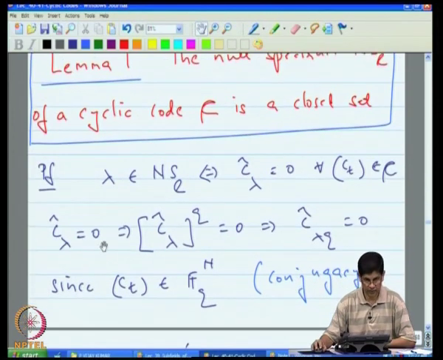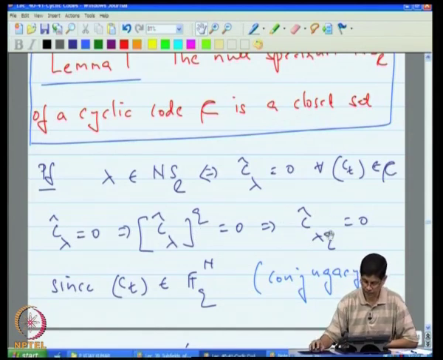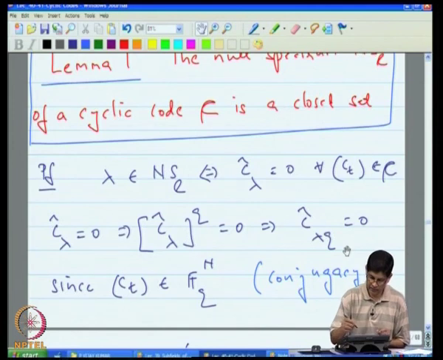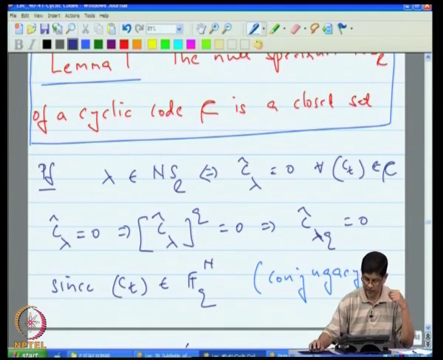But if C hat of lambda is 0, then C hat of lambda raised to the qth power is 0. But then by the conjugacy relationship, C hat of lambda raised to the qth power is C hat of lambda q. The reason being that your code word belongs to the ground field, and whenever you have a code word that belongs to the ground field, its transform will satisfy the conjugacy relationship. So, that forces this equal to 0.